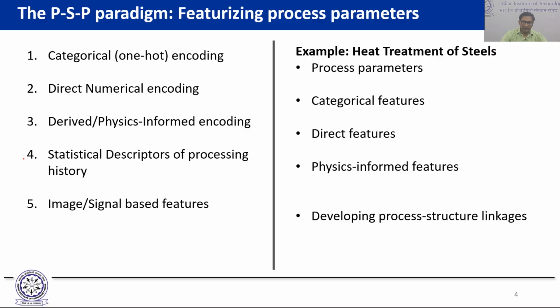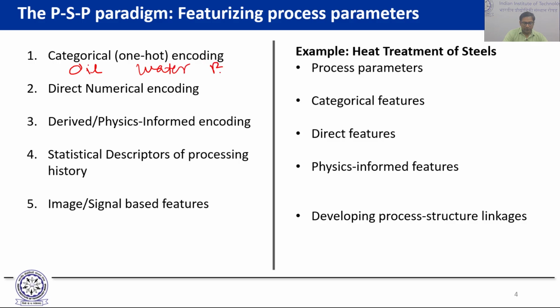You can think of featurization by doing some sort of categorical encoding, which we also call one-hot encoding. So for example, I'll take the heat treatment of steels. Suppose you have heated the steel to an austenitizing temperature, and after that you are quenching. So what is your quenching media? Is your quenching media oil? Is it water?